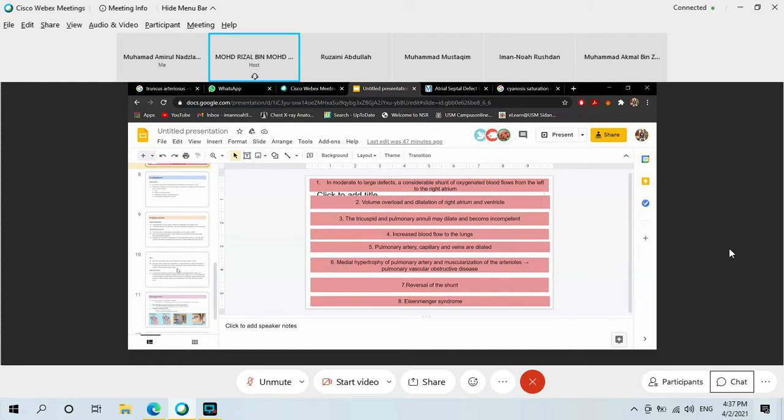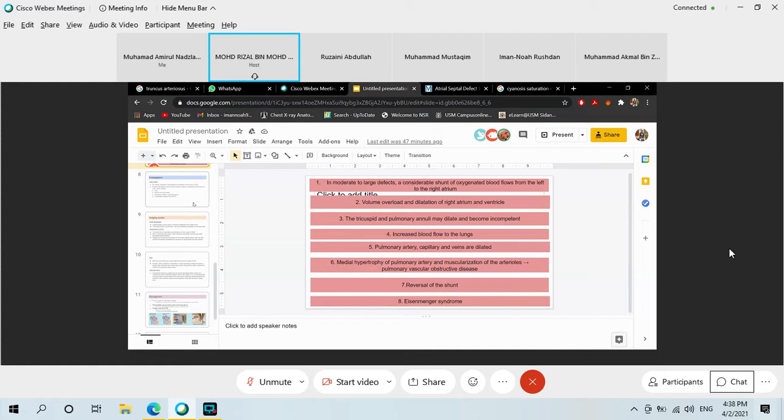Peringkat awal ada 6 stage of pulmonary hypertension, peringkat awal tu reversible, tapi after sampai satu certain degree tu is irreversible already. So masa ni akan berlaku reversal of the shunt. Okay. So right pressure lagi tinggi pada left pressure, so now right to left shunt. So end result dia dah kena dapat Eisenmenger syndrome is the irreversible stage already. So that maksudnya macam tu.